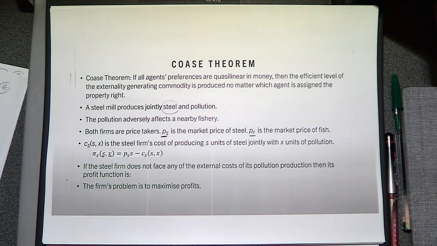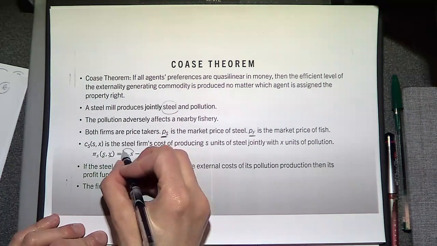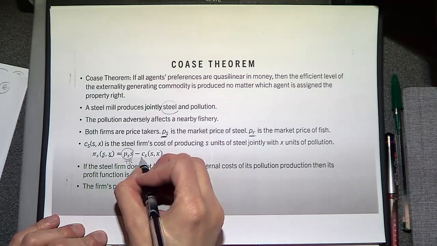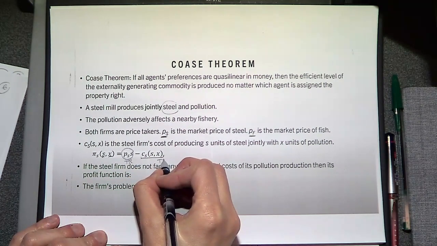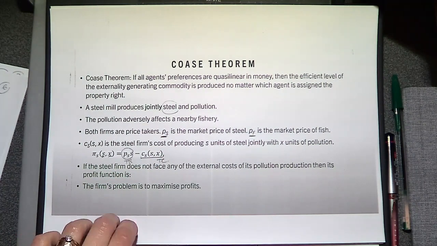It's not actually affecting them, okay? In fact, it's a good for them. It's like agent A, right? It's kind of a good for them. It's a bad good for the fishery. And then we will have, obviously, the total revenue and the total cost, which will depend on the units produced of both goods.